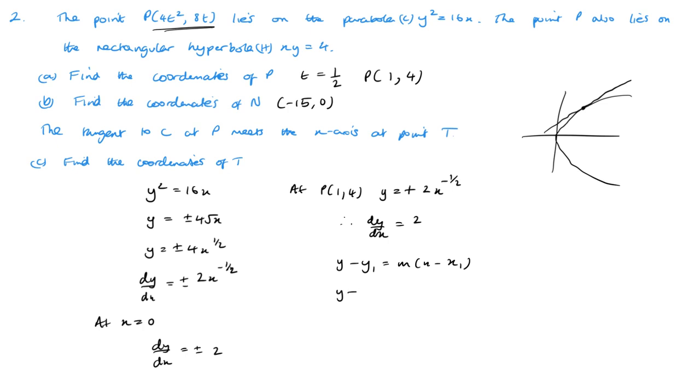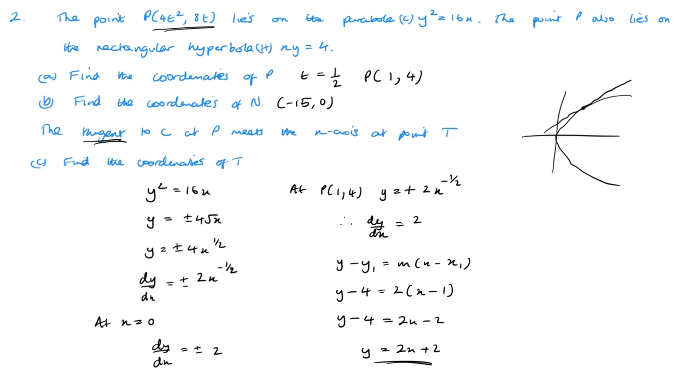Right, so y minus 4 equals 2(x minus 1). So y minus 4 equals 2x minus 2, y equals 2x plus 2. So that is the equation of the tangent, which is what we wanted to find.